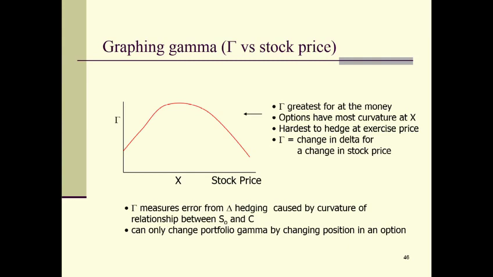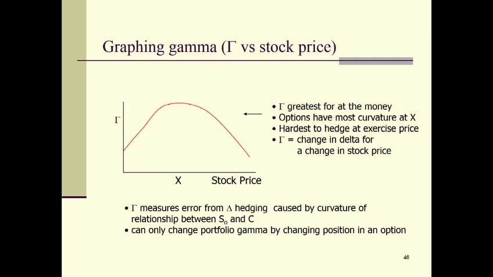Based on what you understand of how the parameters affect the value of an option, would you think that most of these Greeks would be more sensitive when an option is at or near the money, out of the money, or deep in the money? You want to give it a go?